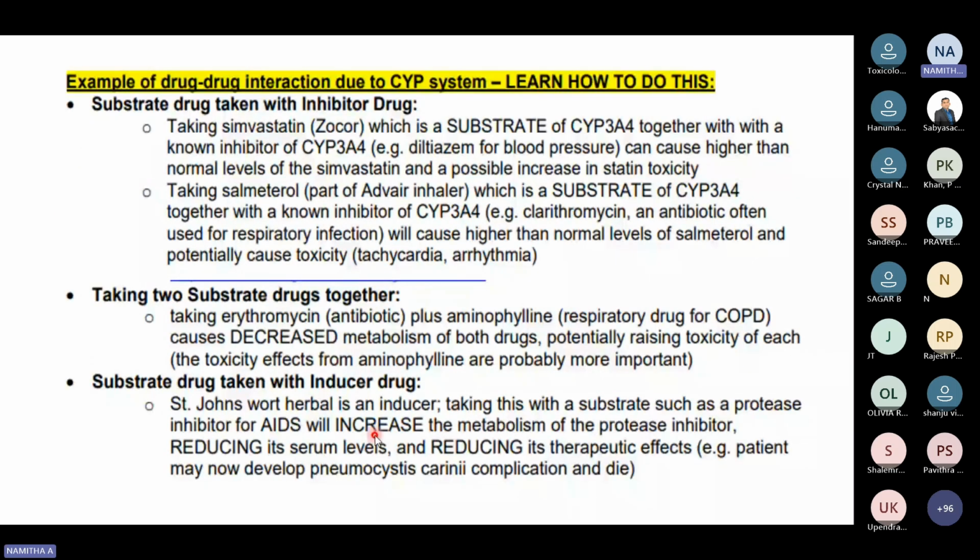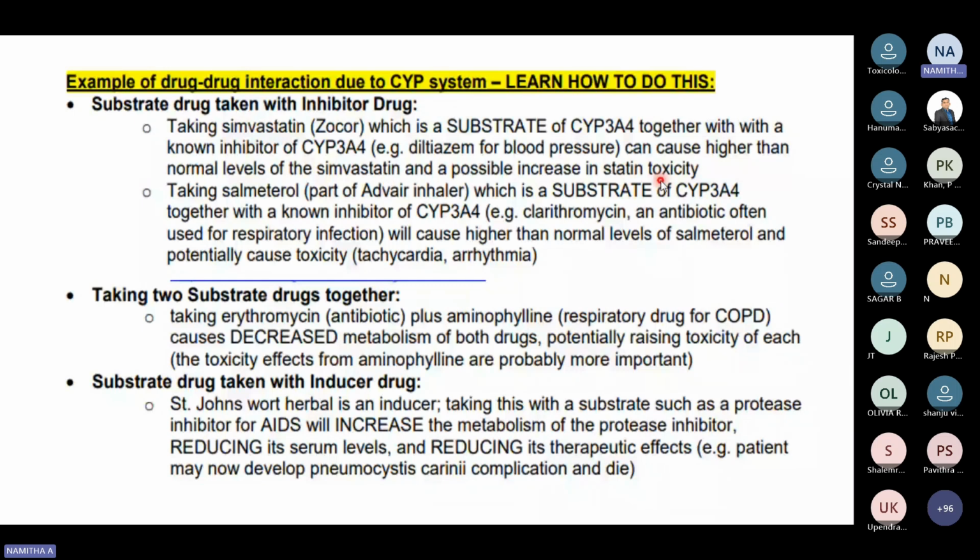Coming to examples of drug-drug interaction, a substrate drug taken along with an inhibitor drug. For example, simvastatin, which is a substrate for CYP3A4, taken along with an inhibitor of CYP3A4 can cause higher than normal levels of simvastatin, which leads to an increase in statin toxicity, which may lead to a bleeding disorder.